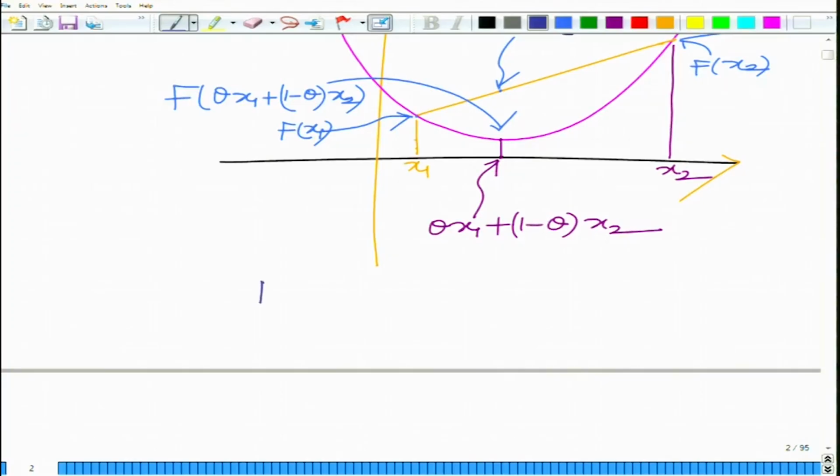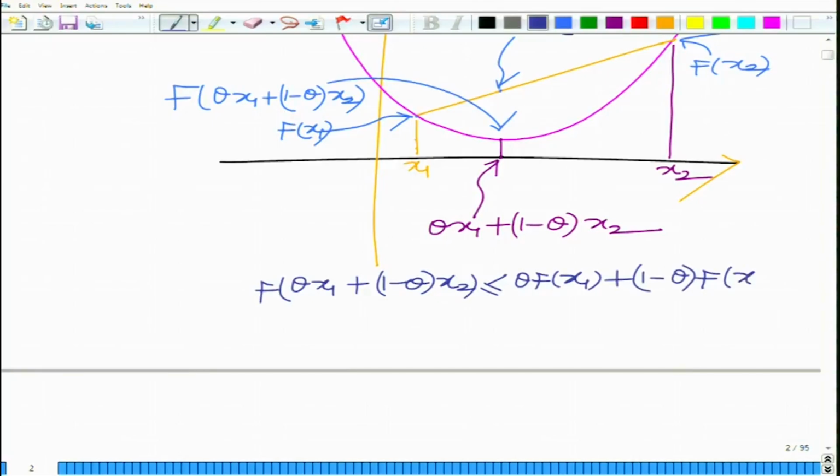Okay. So, this basically shows that f of theta times x1 plus 1 minus theta times x2 is less than or equal to theta times f of x1 plus 1 minus theta times f of x2.